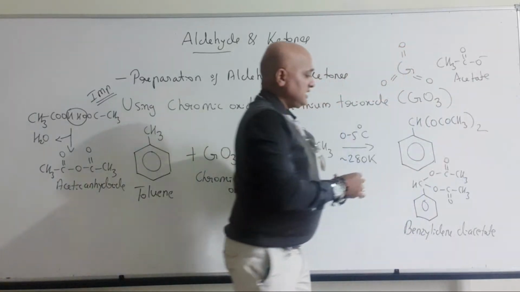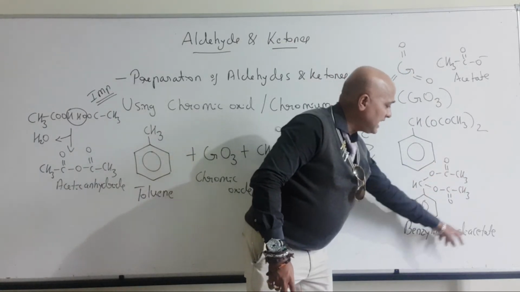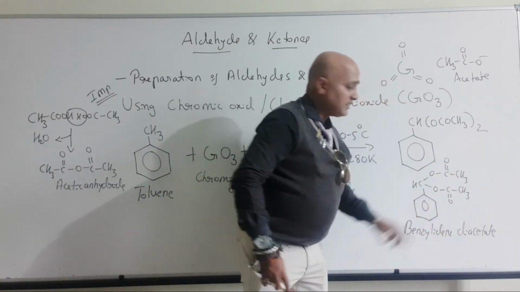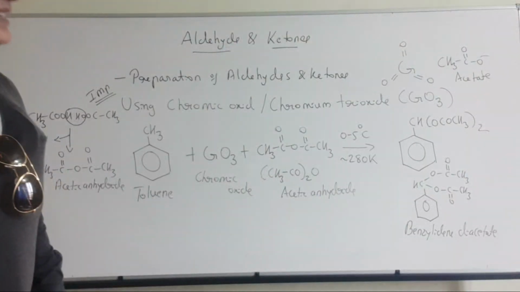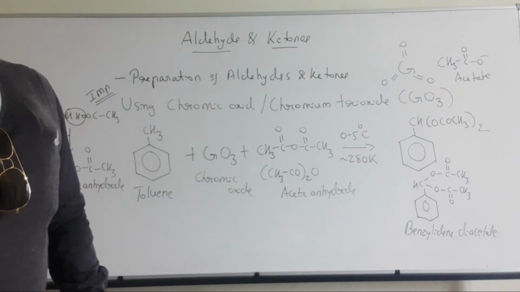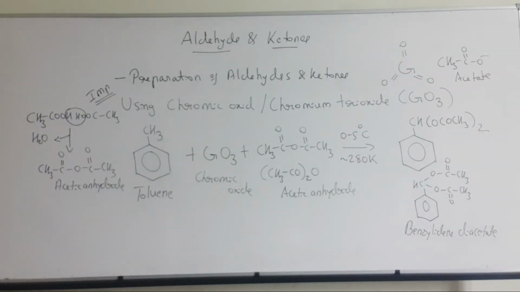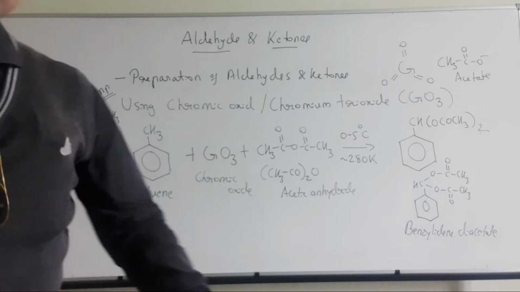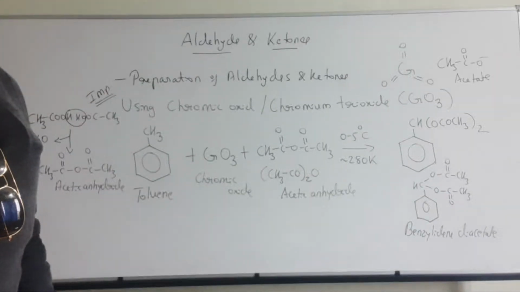So therefore, since 2 acetyl groups or acetate groups are there, diacetate, benzylidene, CH, okay, benzylidene diacetate as the intermediate. Okay? Any doubts with regard to this one?